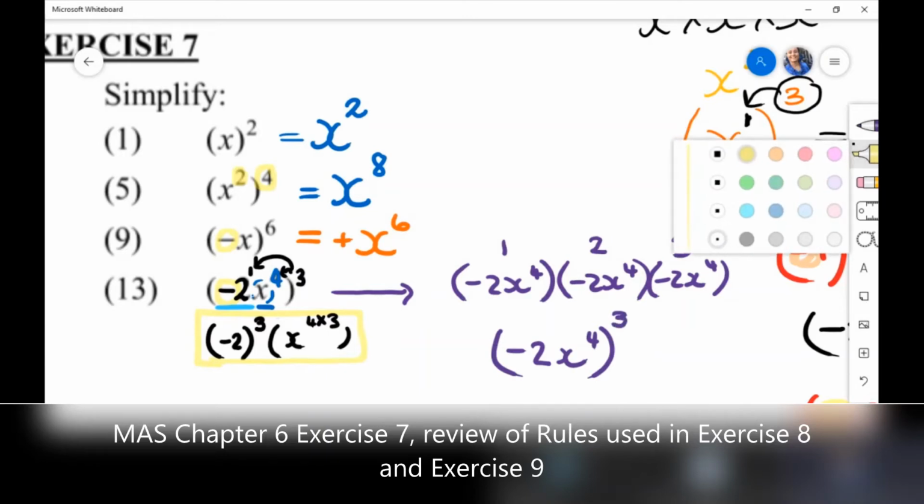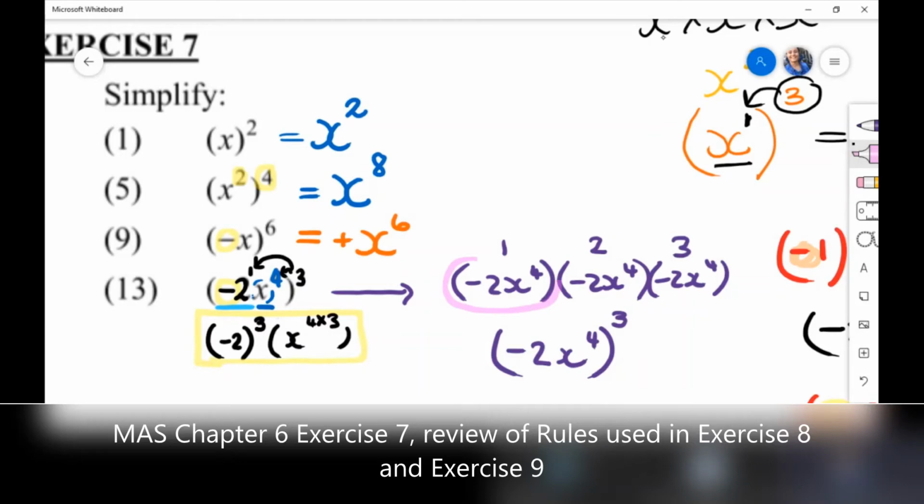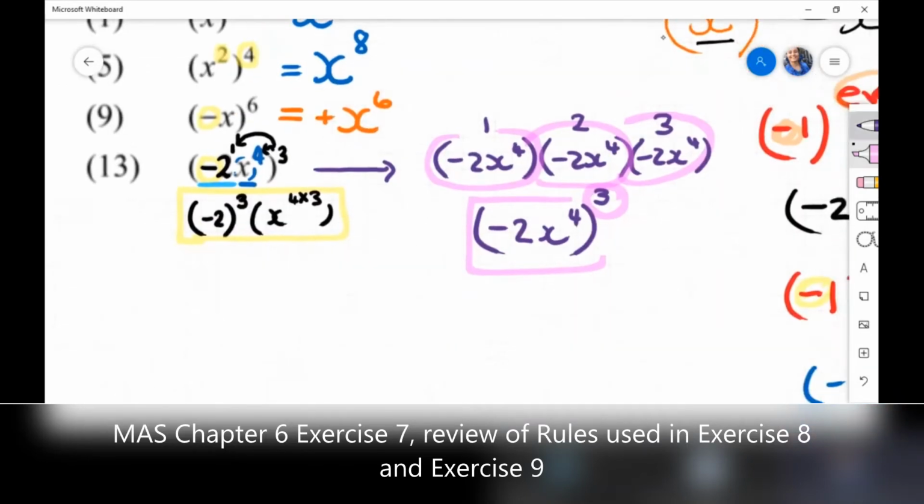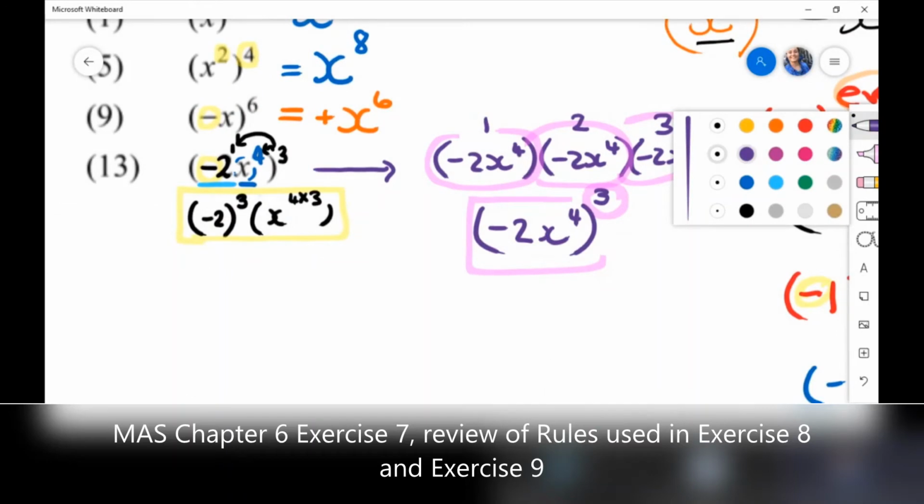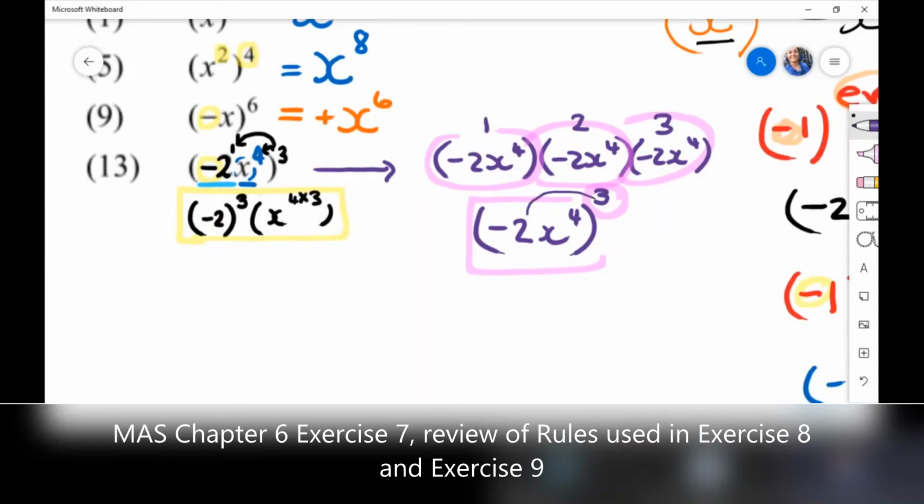I have reduced writing it out not once, twice, and 3 times to only once, but to the power of 3. And when I simplify now, I simply apply the rule. Looking at a negative value to the power of an odd becomes a negative 8 in this case, because it's 2 to the power of 3.